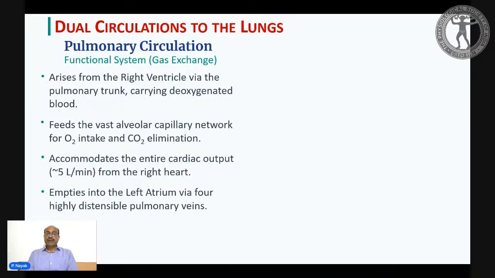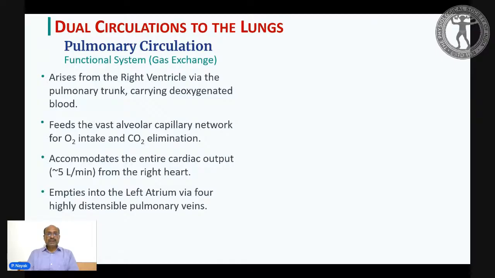It accommodates the entire cardiac output from the right heart. As already discussed, nearly 5 liters per minute of cardiac output is accommodated within the short, wide, almost parallel capillaries, along with pulmonary arteries and pulmonary veins, not the bronchial arteries.